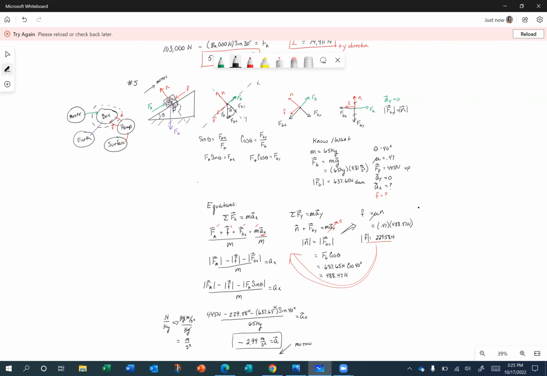We are always taking to the right to be positive, to the left negative, up positive, down negative. So again, I'm writing these as vectors and I'm adding the vectors. When I add their magnitudes is when I consider positives and negatives.